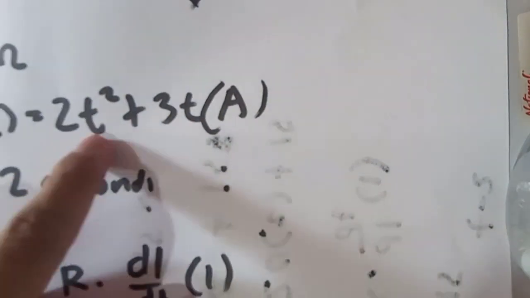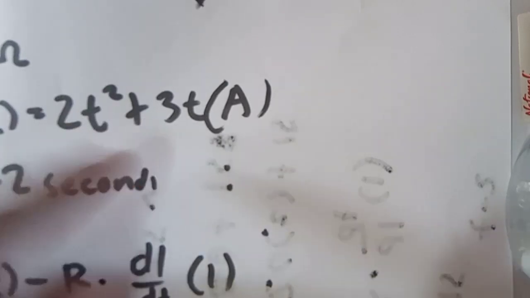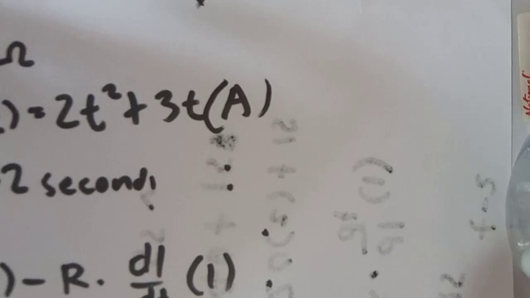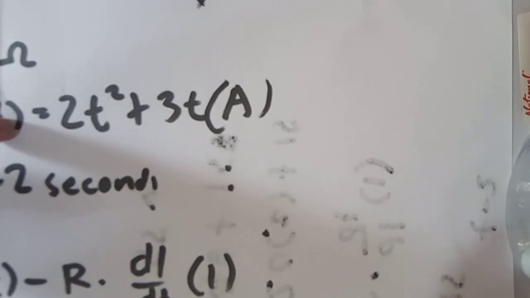If R is this kind of equation, we can use the derivative, or if voltage is also this kind of equation, we can use the derivative of the function.